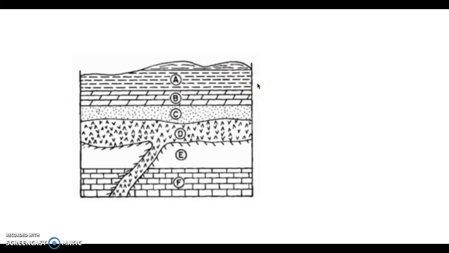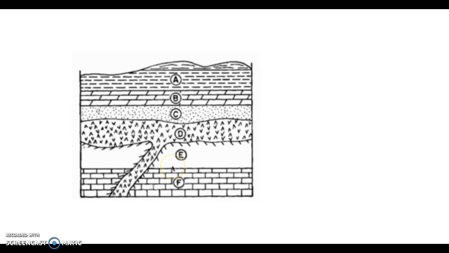For this one, there's an intrusion here. Okay, so first we have F. Again, at the bottom, this is our first rock layer. F came in, was deposited. E was deposited on top of it.